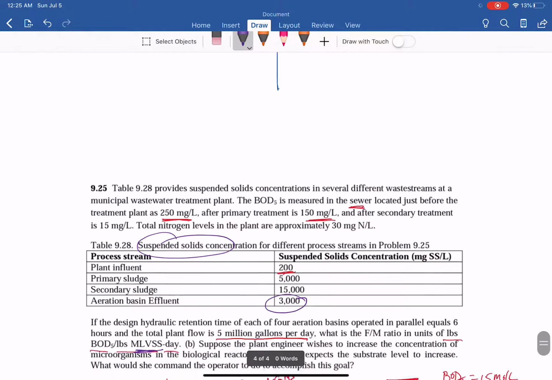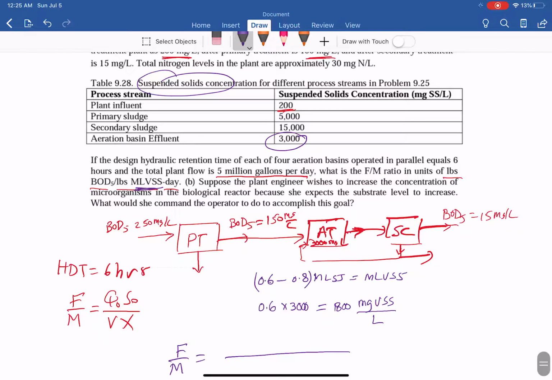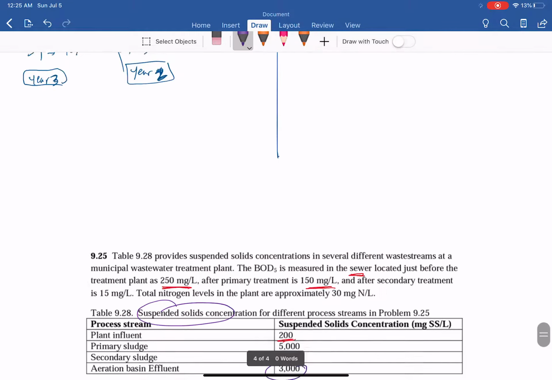Remember it was given, it's 5 million gallon per day. 5 million is 5 times 10 to the 6 gallon per day. What is S naught? S naught was the BOD entering, 150 milligram per liter, divided by the volume. What was the volume?